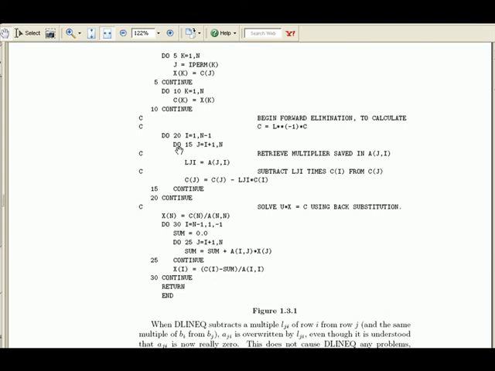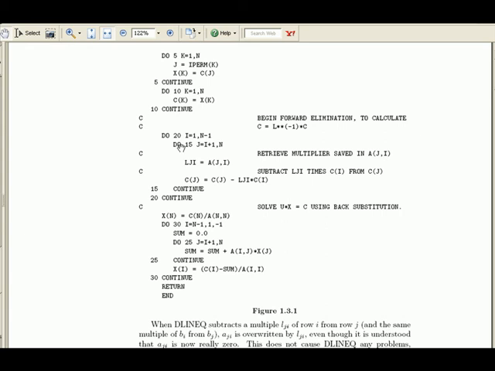We know what the final U is going to be, and we know what the multipliers are. They've been saved. See, AJI has been saved, the negative of the multiplier that was used to knock out each element, and all we have to do is apply that to the vector C.